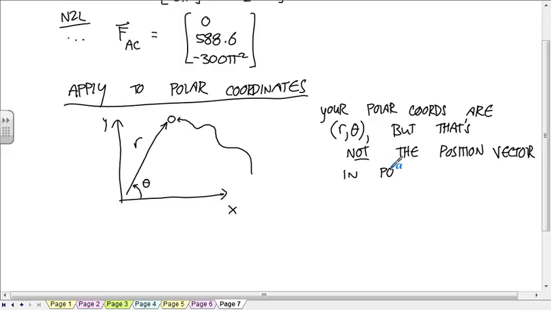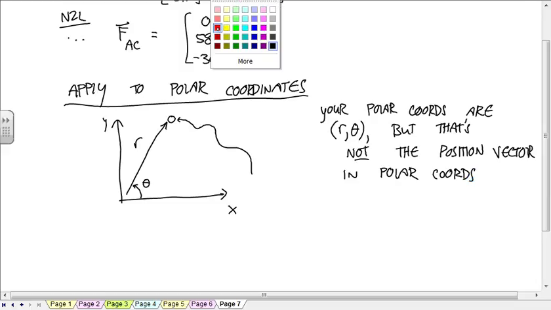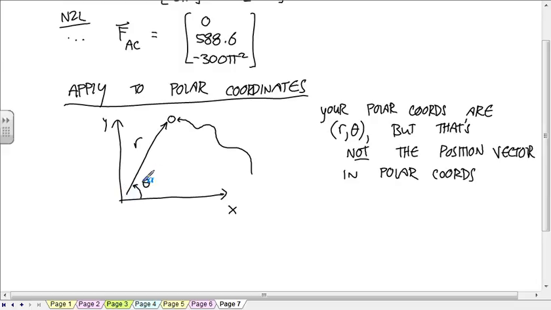In order to come up with a position vector, you need an orthonormal coordinate system. So we're going to define the r-axis this way, call that e_r, and then we're going to define the e_theta axis perpendicular to that.